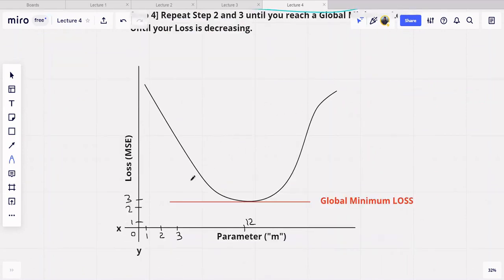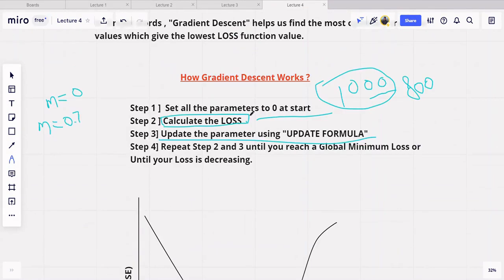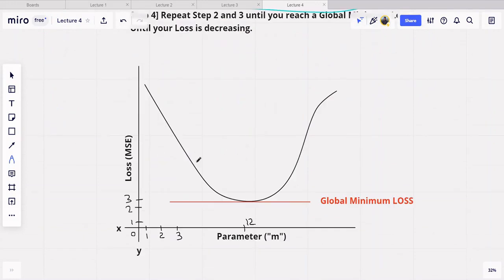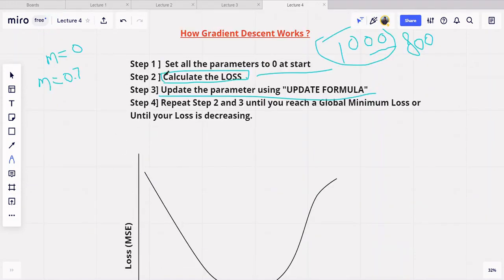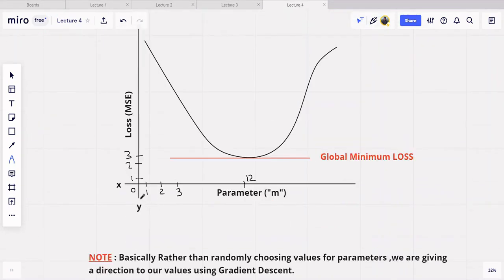Now if we create a plot of our losses at each iteration, we are getting a loss value, right? When we started at 0, we got some loss value. Then when our parameter value changed a bit, we again got a loss value.